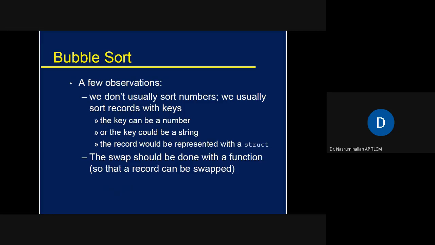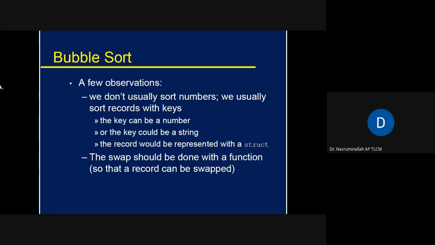There are a few observations. In real world scenarios, generally we do not usually sort numbers, but if you have a database of students, for example, and if you want to sort those students on the basis of their CGPA, then you have to sort not only their CGPAs, but actually the complete student's record using the key, that is CGPA.